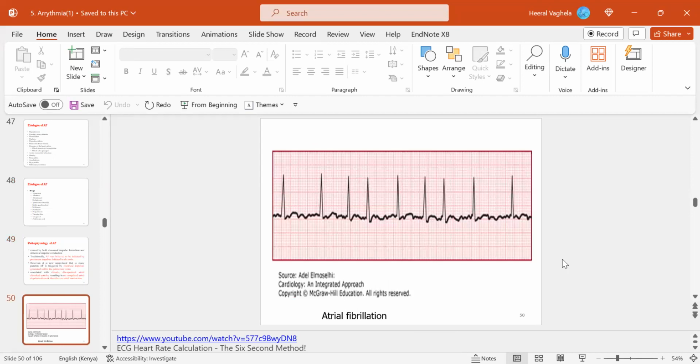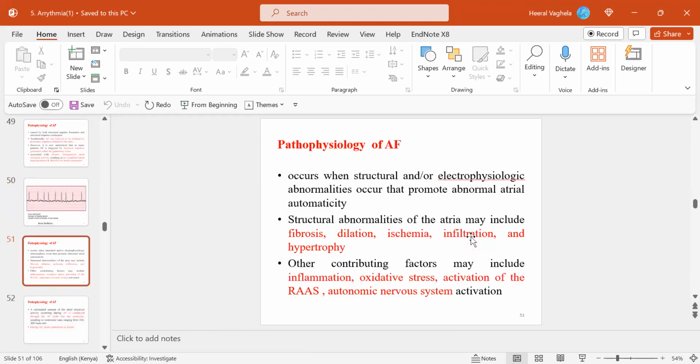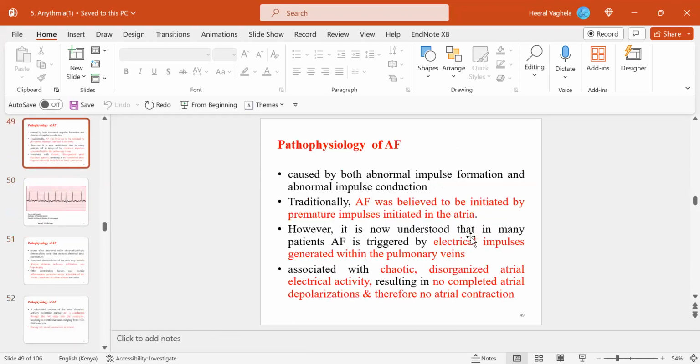So over here, we can see atrial fibrillation. There's just no correlation. You can see the interval between this one and this one is longer, then it's smaller. It's not synchronized, it's disorganized.